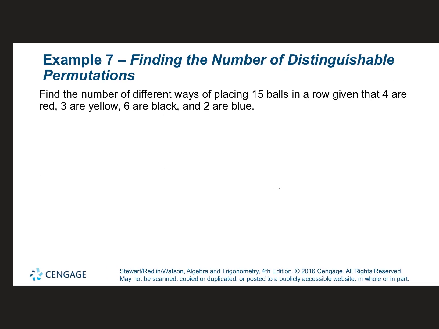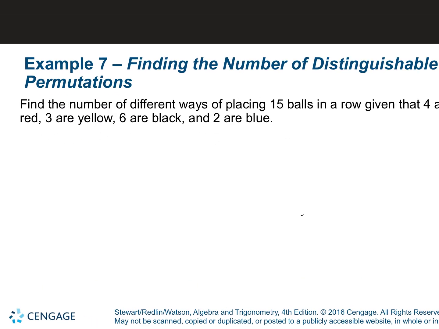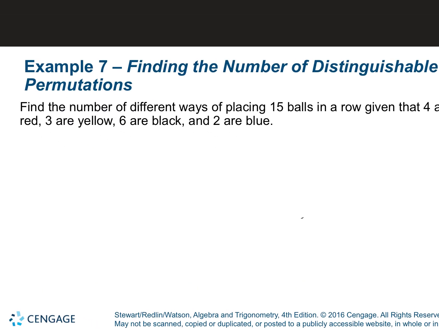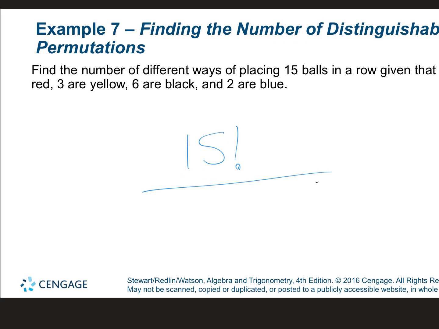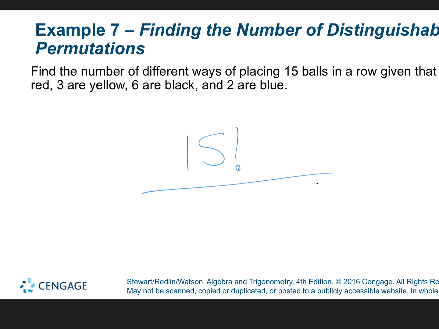Let's go back to this one. 15 different balls that you have in a given row. There's a total of 15. How many different ways can you arrange them? Well, what is repeated? There's 4 red, so 4 factorial. 6 are black. 3 are yellow. 2 are blue. Do that in your calculator.